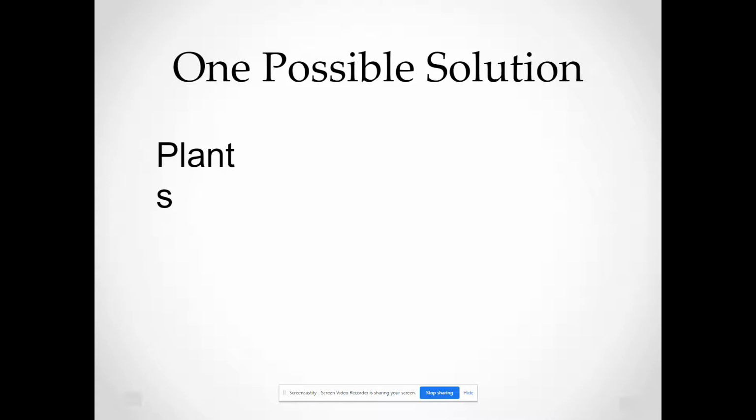Legs and no legs. Okay, so animals with legs, listen up, and animals without legs. Okay, we're going to focus on the legs first. So what are we going to put? Go to 8A. So 8A and 8B.